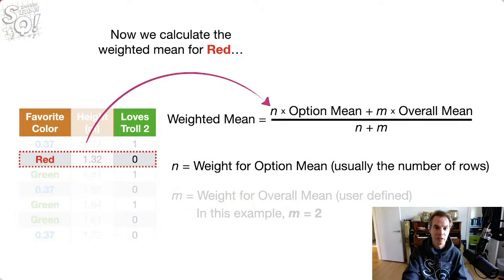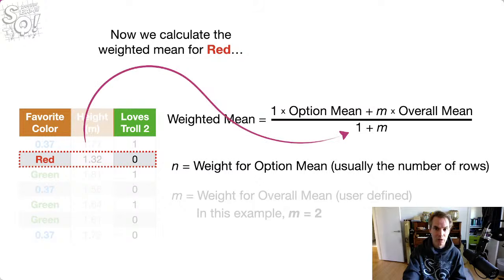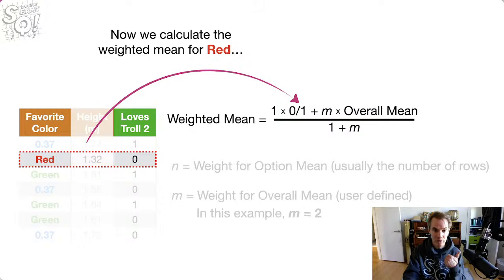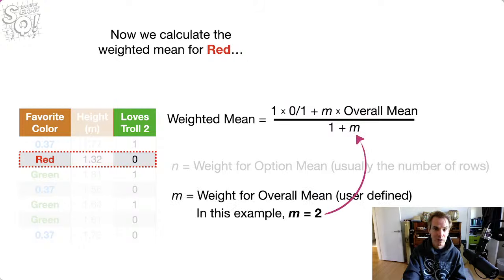We've only got one observation, or one row of data, so n equals 1. That's the weight for the option mean. And then we plug in the option mean for red, which is 0 divided by 1, because the one person who likes the color red does not love Troll 2.